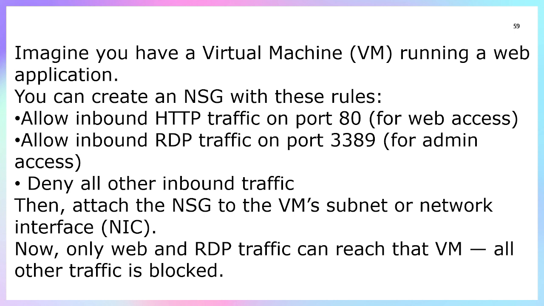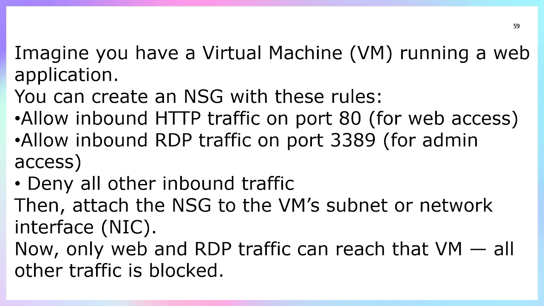Imagine you have a virtual machine that is running an application. You can create NSG rules that allow inbound HTTP traffic on port 80 for web access, allow inbound RDP, remote desktop traffic, on port 3389 for admin access, and deny all other inbound traffic.